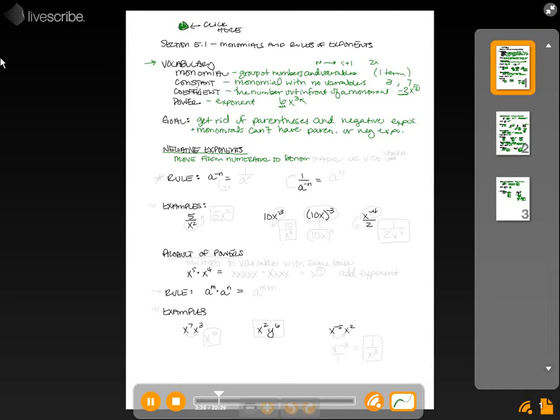And when we do that, it gets rid of the negative. So if I had a negative exponent on top of a fraction, I'd move it to the bottom, and that would make it positive. That's all we have to do.